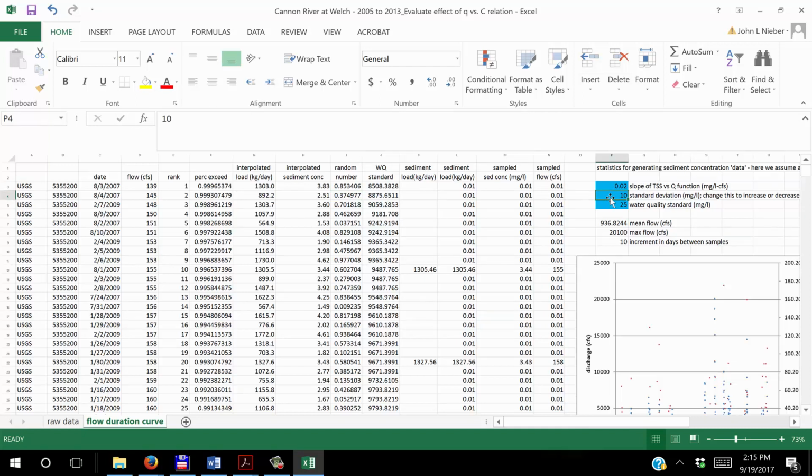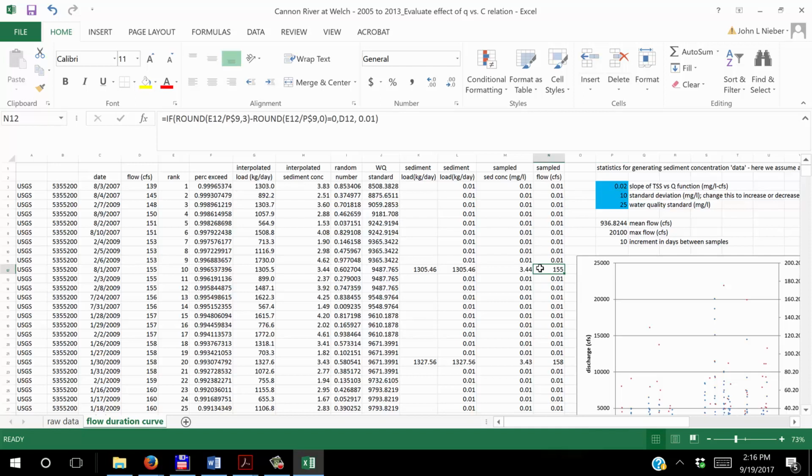And that standard deviation is 10 milligrams per liter. This is going to give us an idea how much magnitude variation there is between the straight line relationship between TSS and Q and some deviation off of that straight line. Basically, you multiply the standard deviation times a random number, add it to the value of TSS that you would get based on the Q value.